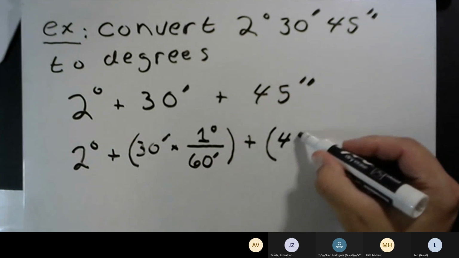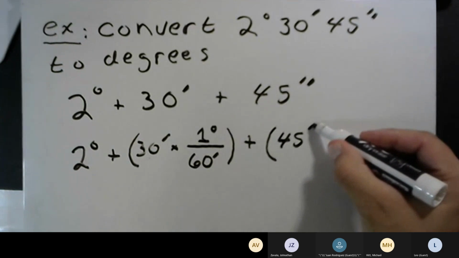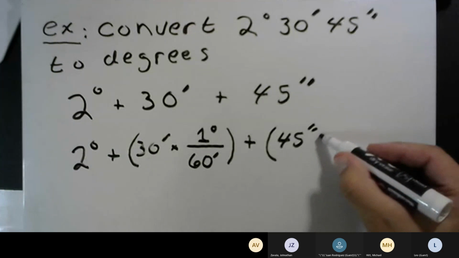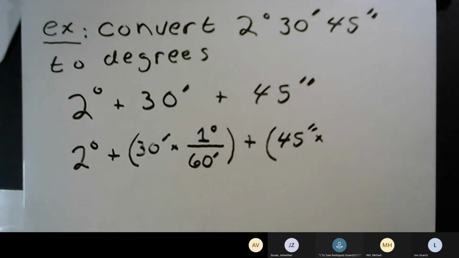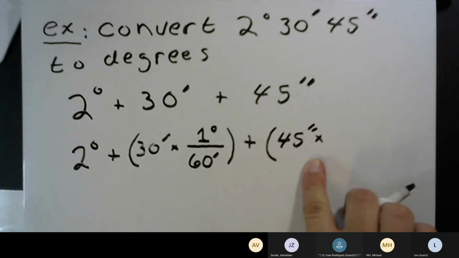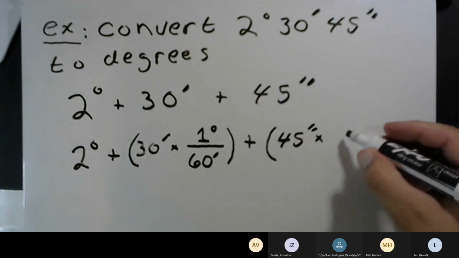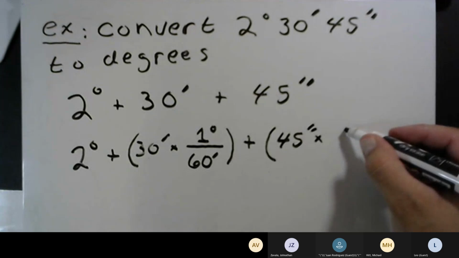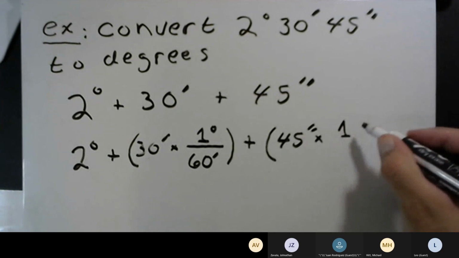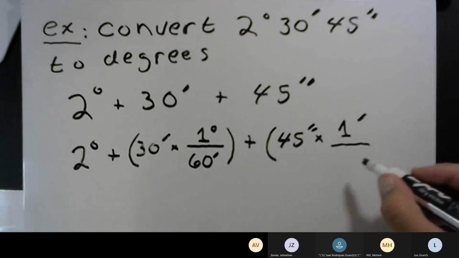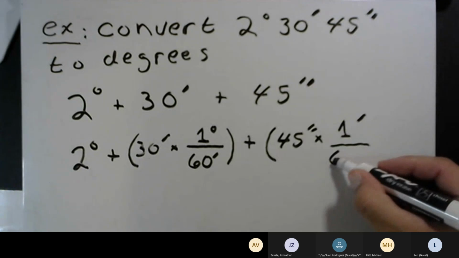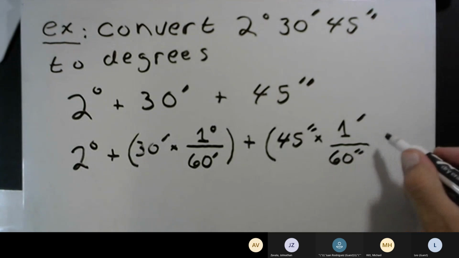And then for 45 seconds. Now, what's going to happen here? We're not going to convert this directly to degrees. We're going to convert it to minutes. So you have 45 seconds times 1 minute over 60 seconds.